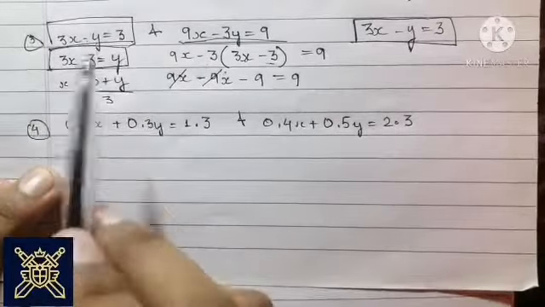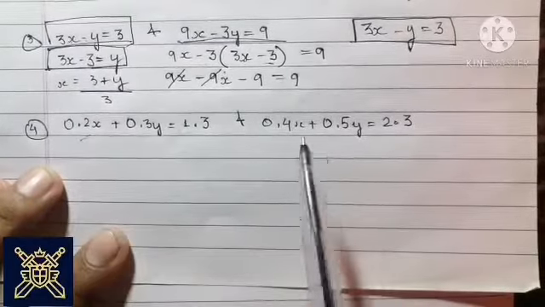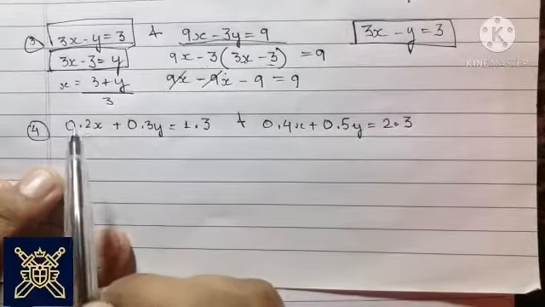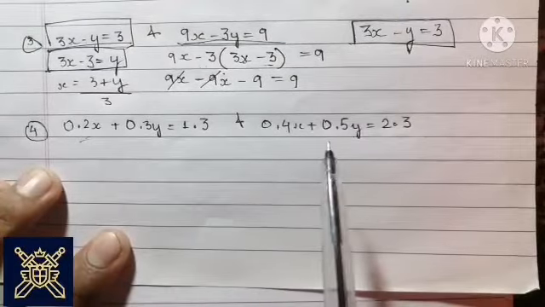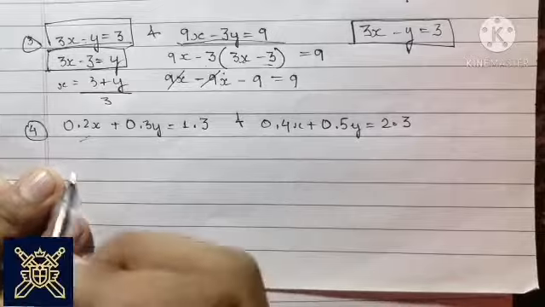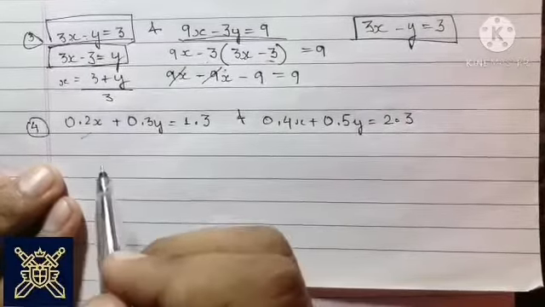Now, as we have seen in the last part, these are not in the same structure, because 0.2 by 0.4 will give you 1 by 2, but 0.3 by 0.5 does not. So now we will be finding the values by substitution.